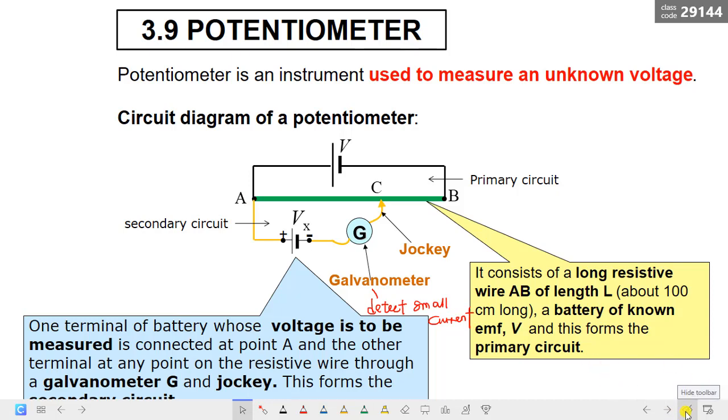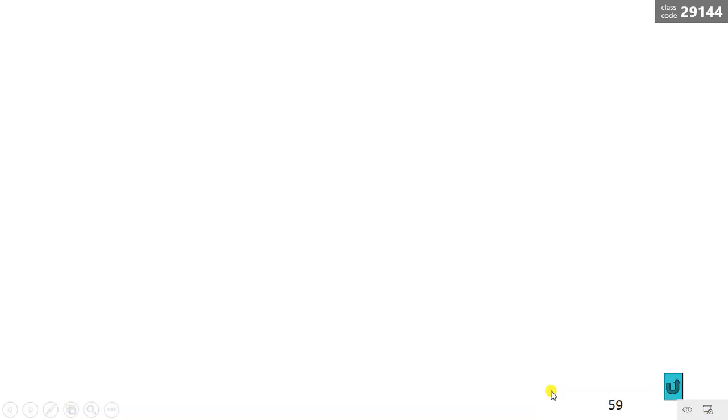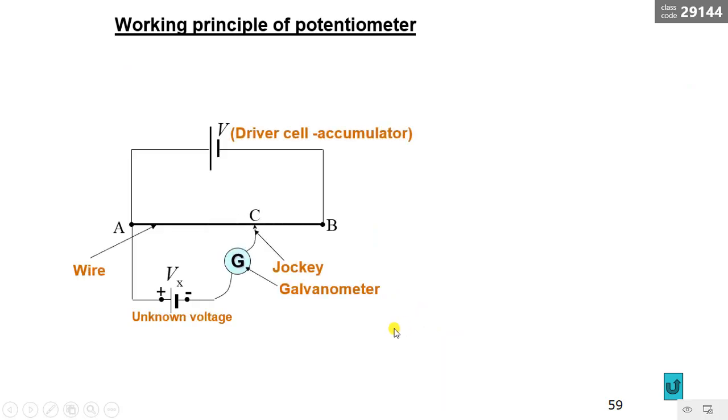Okay, so how does the potentiometer work in order to determine the unknown voltage of the battery? Macam mana dia digunakan untuk dapatkan nilai voltage battery Vx ni? So now we go through the working principle of the potentiometer.